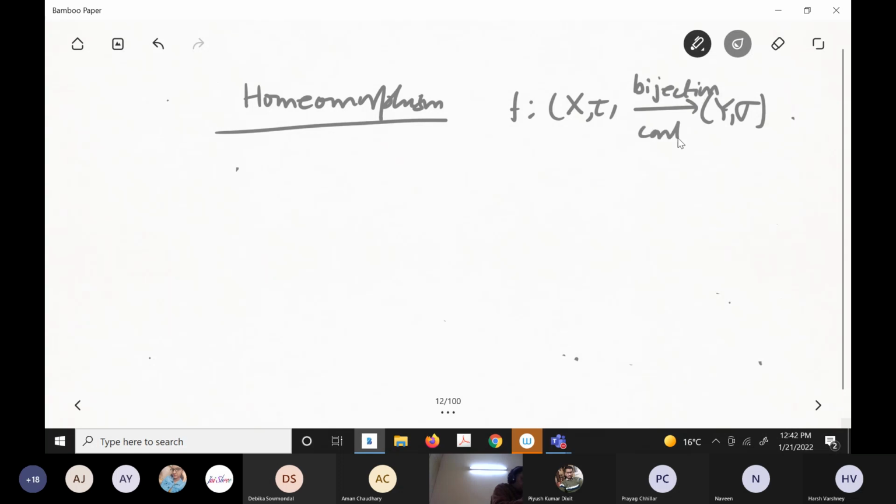This is continuous, and F inverse is continuous. This is a bijection, and both F and F inverse are continuous: a homeomorphism. And then we say that X star is, this is the terminology, homeomorphic to Y sigma.